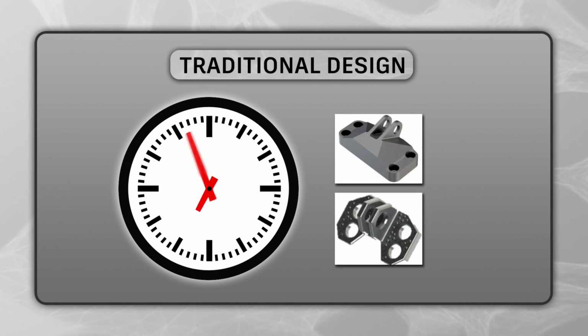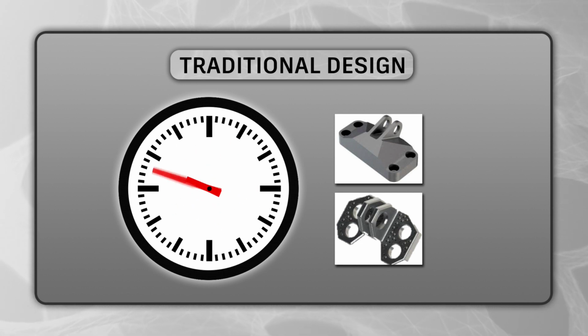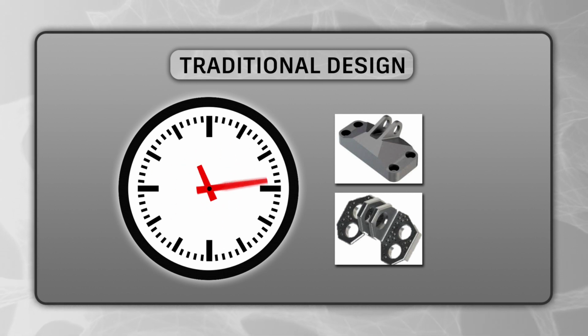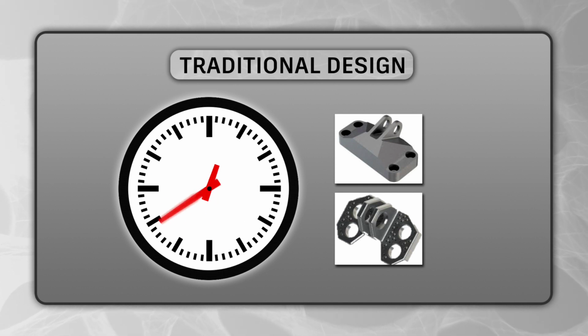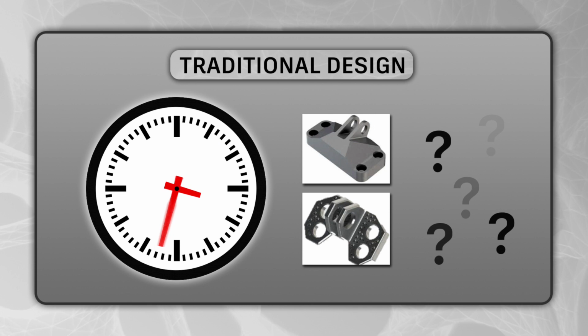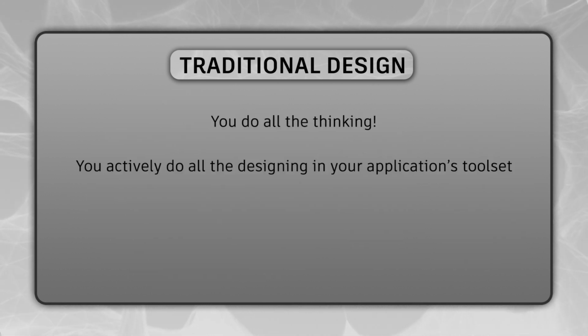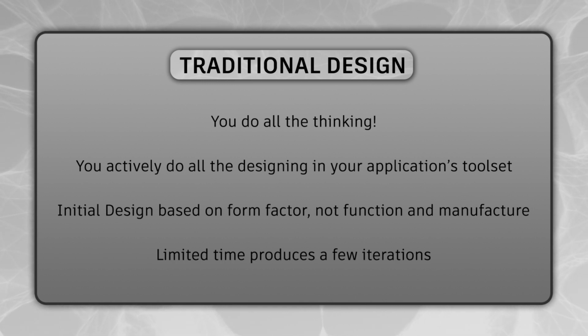Time is our biggest constraint, and trying to innovate and create multiple solutions to a design problem is sometimes severely limiting. But all of us get there in the end, but we don't know if we've made the right trade-offs. So taking a wider perspective of traditional design, you're actively doing most of the work within the toolset of your application and limiting your ability to explore alternatives.